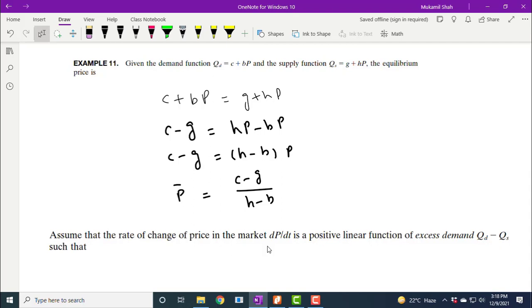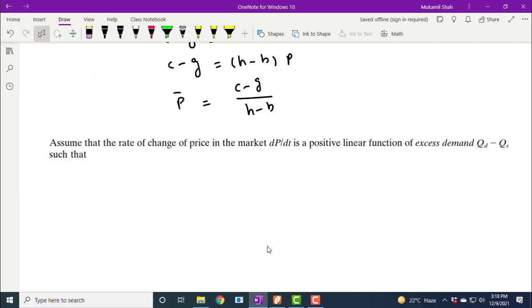Now assume this. Assume that the rate of change of price in the market, change in price due to change in time, is a positive linear function of excess demand. Excess demand means quantity demanded minus quantity supplied, such that change in P due to change in time is M times QD minus QS, where M is greater than 0 because it is a positive linear function of excess demand.